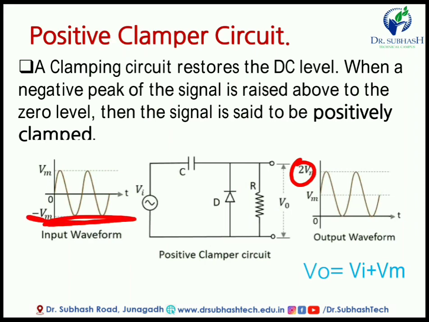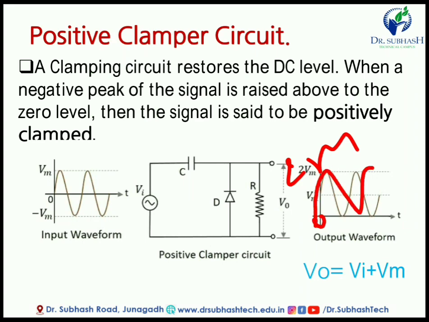Our original signal's DC origin line is over here, because the Vm charging voltage is located over here. So our total signal becomes 0 to 2Vm. We can say our signal is shifted to this DC level line.